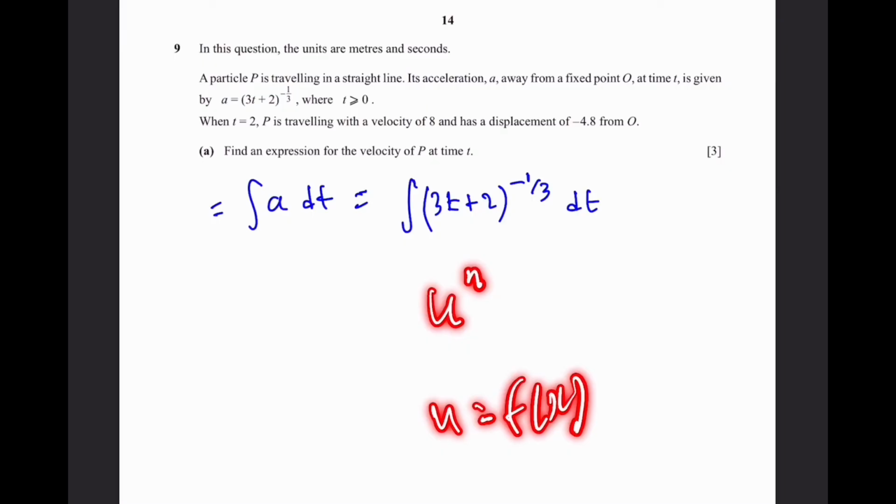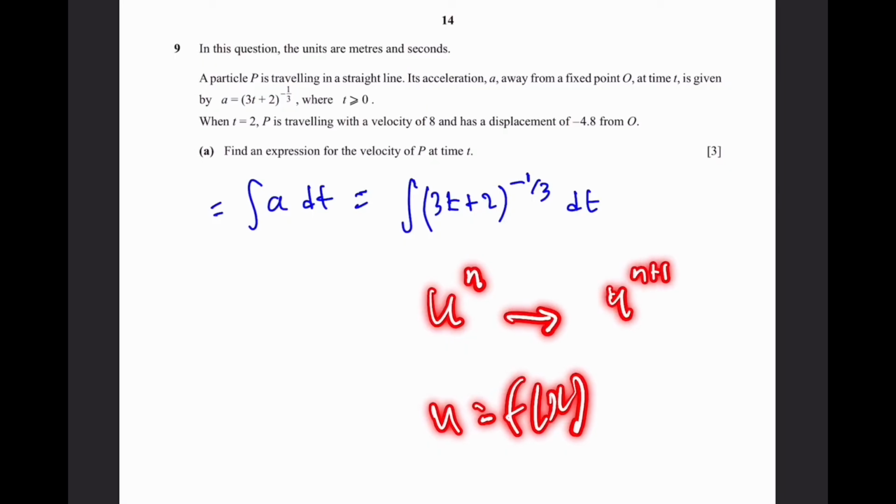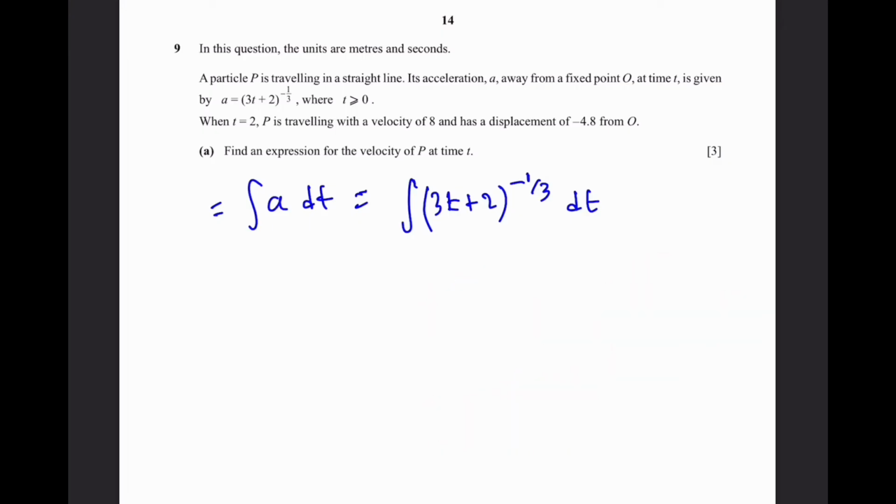So that means the integral will be u to the power of n plus 1 divided by n plus 1, and then divided by the derivative of this function u. This is a kind of form of the chain rule, just reversed to show our integration. Chain rule is usually a rule which is done in differentiation.